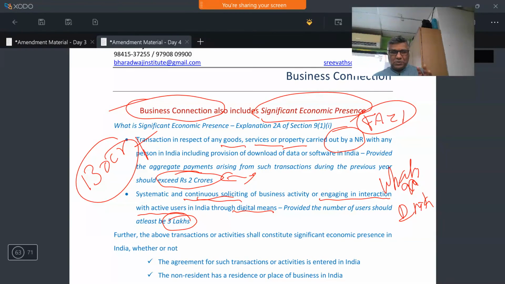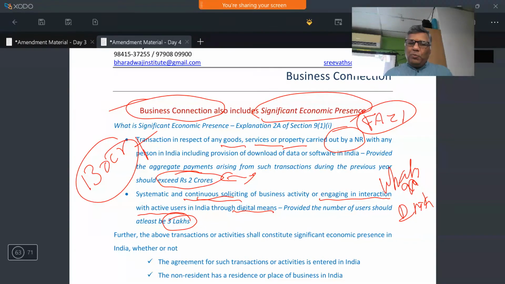So what I am coming to is the terminology of significant economic presence is defined in Finance Act 21. After that, we can go amend the definition, etc. But once the lawmakers have taken time to give clarity to it, because it kept being postponed, postpone next year, postpone next year, the Board was not giving any guideline.